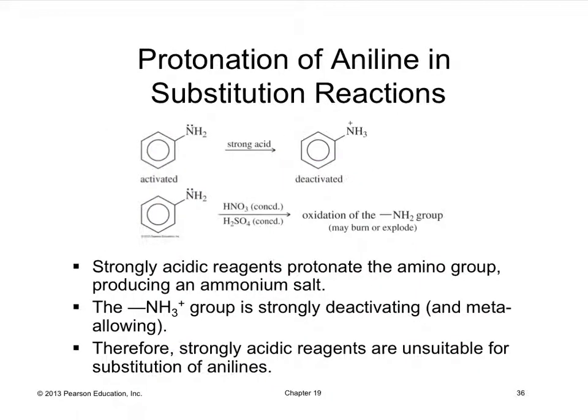If you protonate the aniline with just strong acid, then it becomes deactivated, and so it won't further react with other electrophilic aromatic substitutions in the ortho and para position.